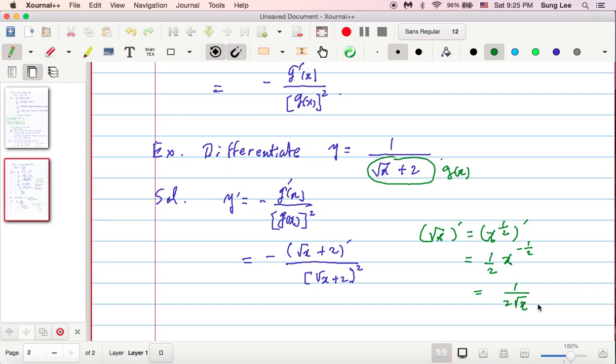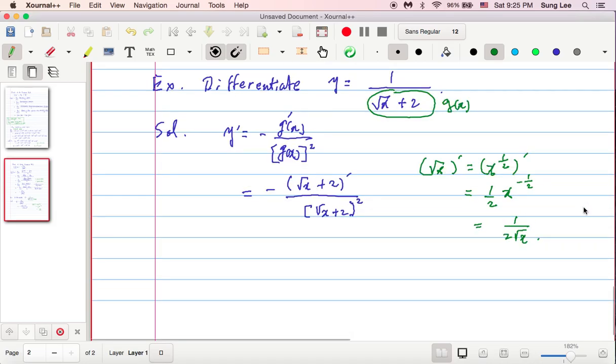However, as you shall see, you will encounter the derivative of square root of x quite often when you study calculus. So every time, instead of doing this, you better actually remember this. That way, you can save your time and energy.